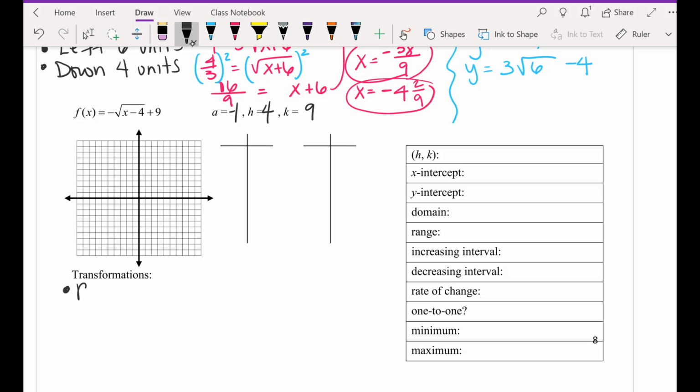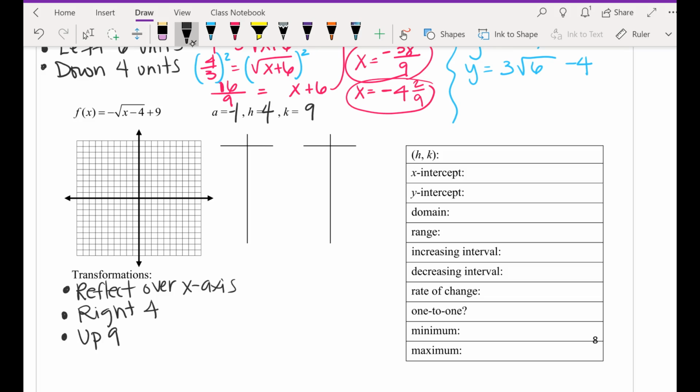It's a reflection over the x-axis. Perfect. You have an H value of 4. Jonah, what kind of transformation is that? Right 4. Perfect. Well said. Then, Jasmine, you have a K value of 9. What kind of transformation is that?